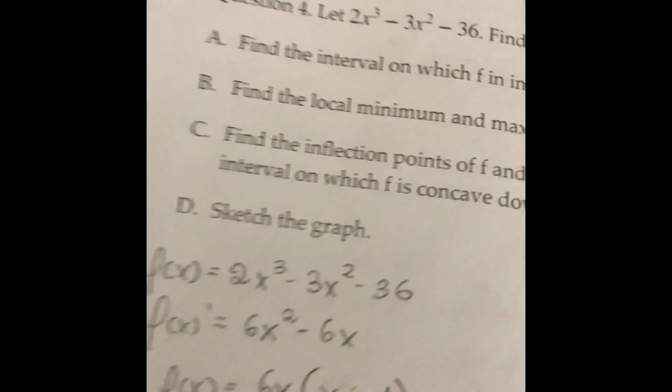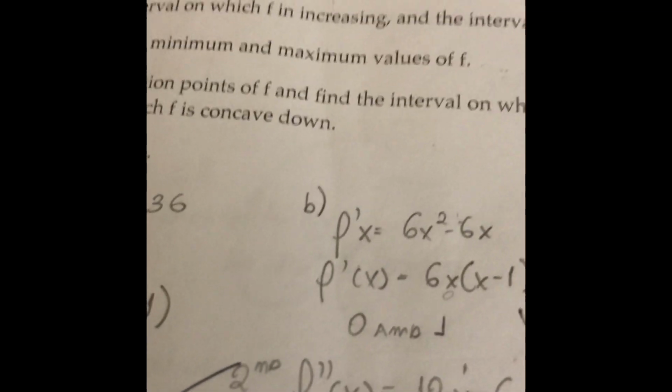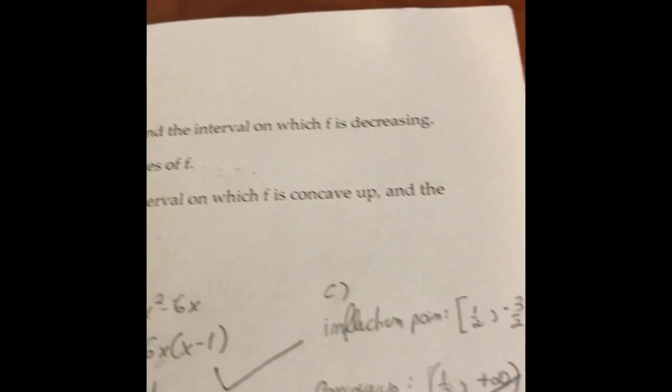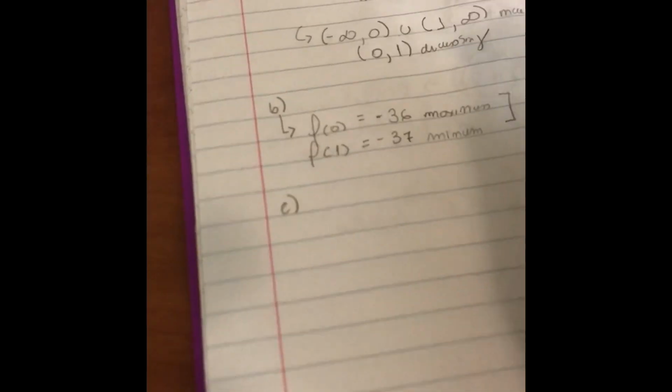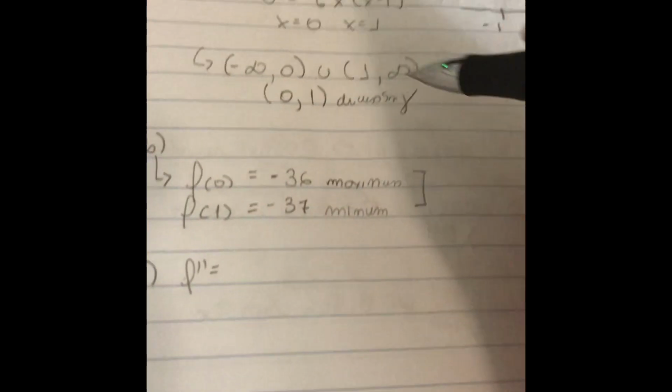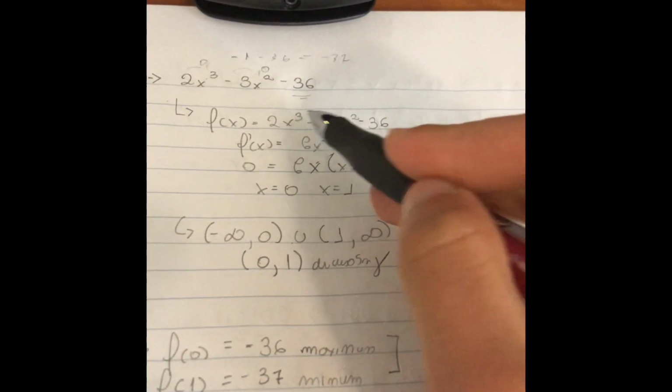Here in letter C, it's asking us to find the inflection points and the intervals where f is concave up and concave down. So basically, the first thing we're gonna need is the second derivative of this function right here.